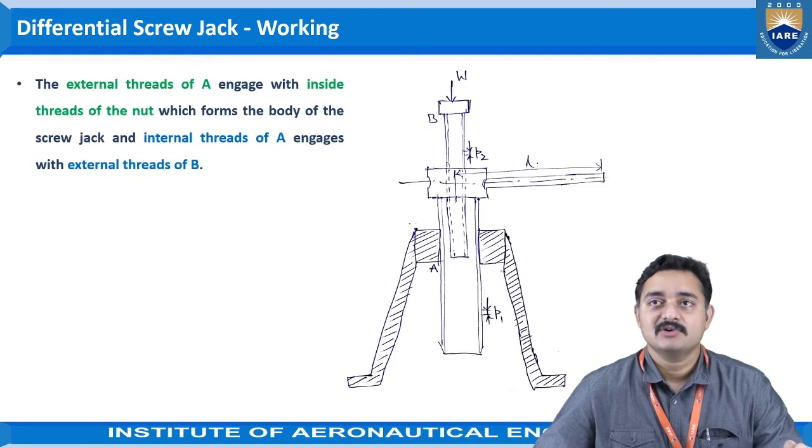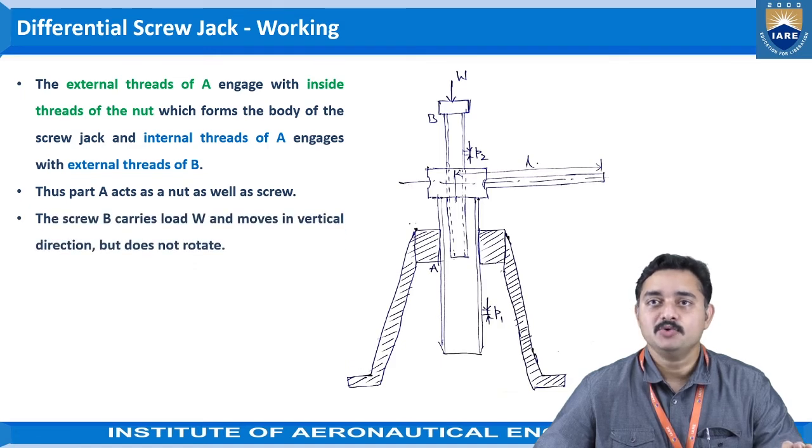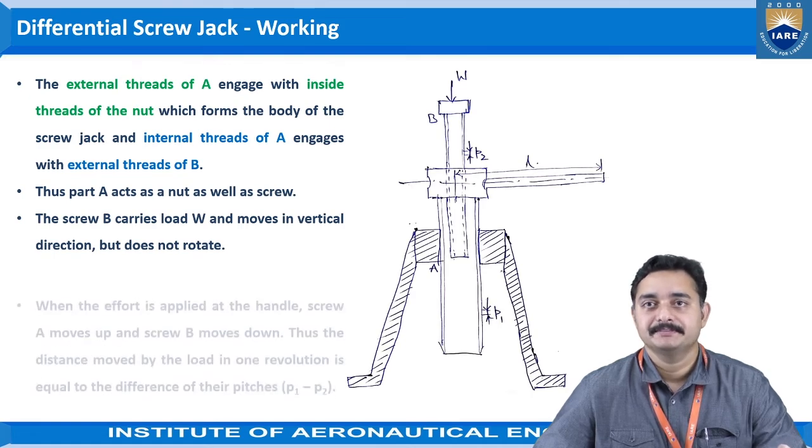The external threads of A engage with the inside threads of the nut, which forms the body of the screw jack, and the internal threads of A engage with the external threads of B. Thus, part A acts as a nut as well as a screw. The screw B carries load W and moves in the vertical direction but does not rotate.